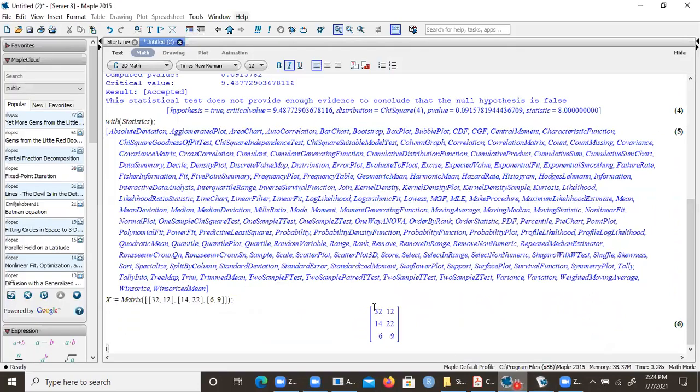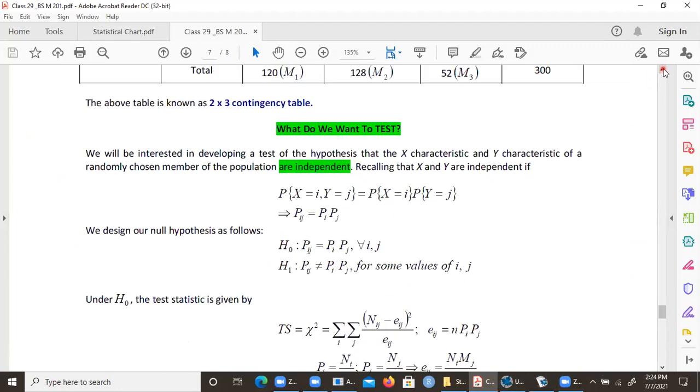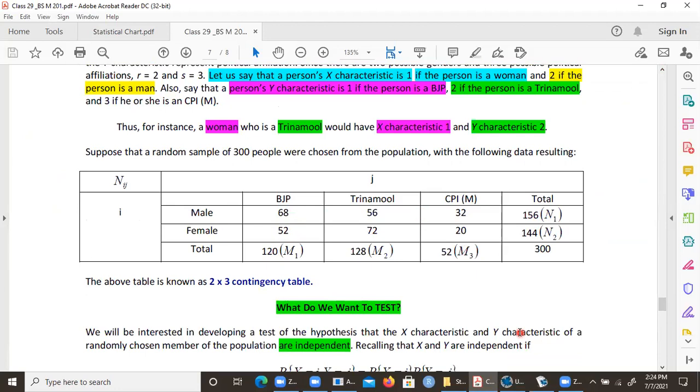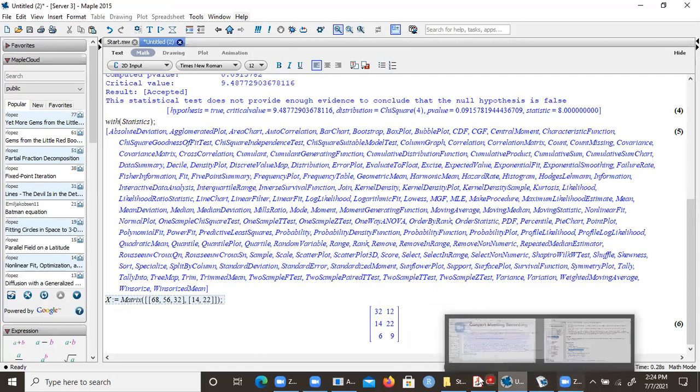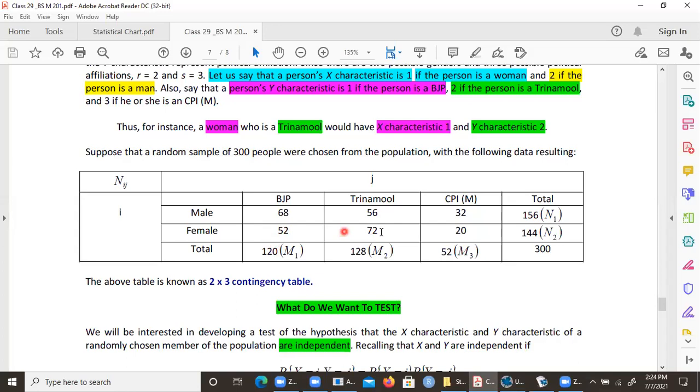Now, the way the command has been written, the matrix is showing column wise, but we actually want a row wise matrix. So we need to do a little change over here. Let me change accordingly. What are my values? Let me see the values given in the chart. The values are 68, 56, and 32. And the second row values are 52, 72, and 20.